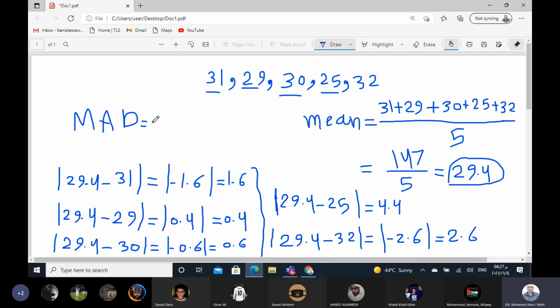Then when you want to find the mean absolute deviation, take the results here.